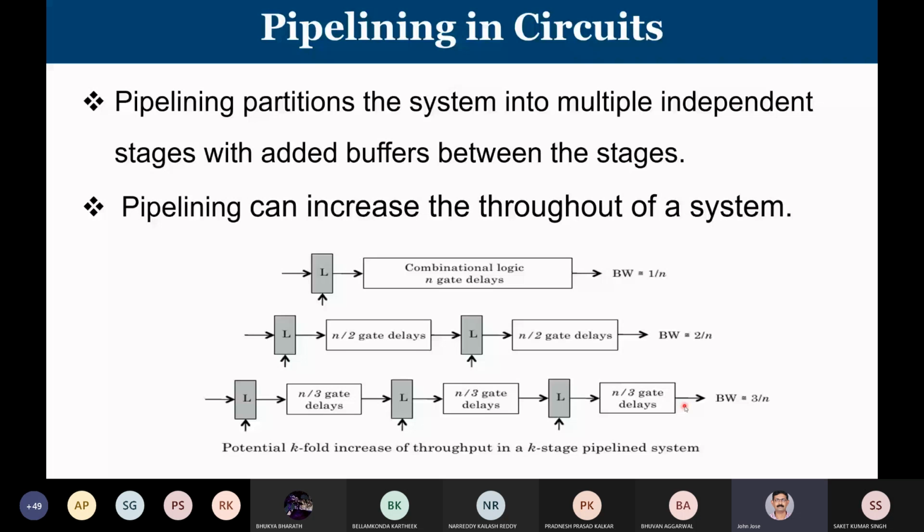Even though the left side unit and the extreme right side unit will complete their operation at the end of 30 nanoseconds and write the result into the appropriate latch, the middle one will complete only at the end of 40. So I can trigger the clock only at intervals of 40. So triggering a clock, or initiation of the next instruction, will happen based upon which one has more latency and delay.